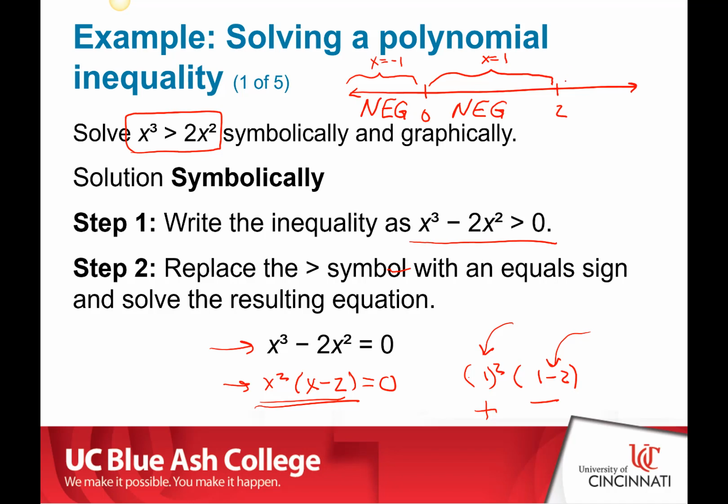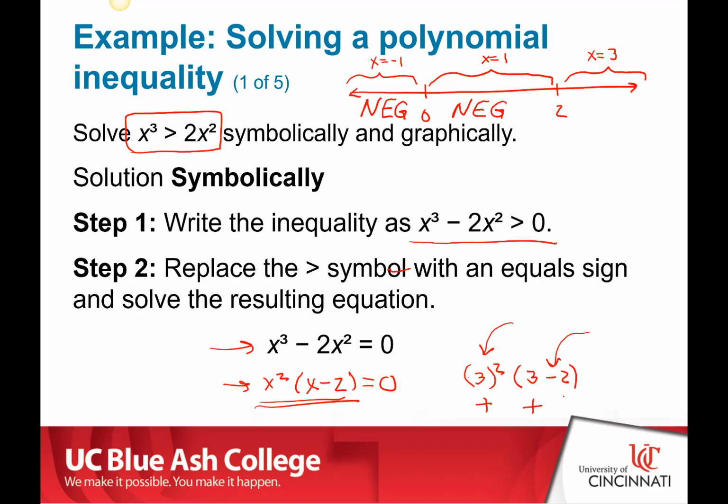On the rightmost interval, to the right of 2, what's the next value there that would work? 3. So if we take 3 and we plug it in, let's see what we get here. We're going to have 3 squared times 3 minus 2. Well, the 3 squared is positive. The 3 minus 2 is positive.